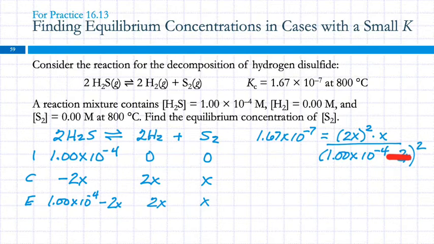So I'm going to multiply both sides by 1 times 10 to the minus 4 times 1.67 times 10 to the minus 7, and I'm going to get 1.67 times 10 to the minus 11 is equal to what's on the top here. So 2x, the quantity squared, is 4x squared, and there's another x, so this is 4x cubed. Divide by 4.